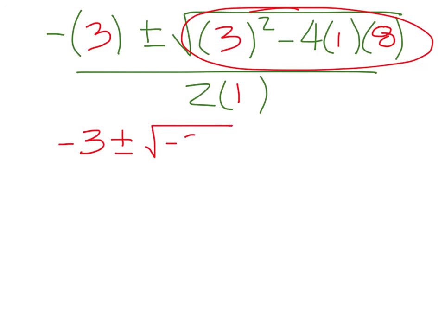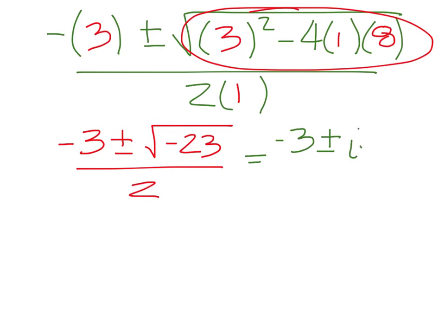So square root of -23 is what we put. And once we do that, we have to get rid of that negative value there. So we have to do -3 plus or minus i square root of 23. All of that over 2. The square root of 23 cannot be simplified, and there's nothing that all three of those terms have in common in the fraction that you could divide out, so that is your final answer here.